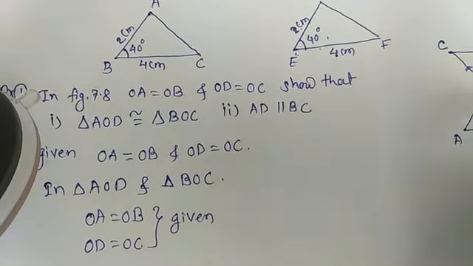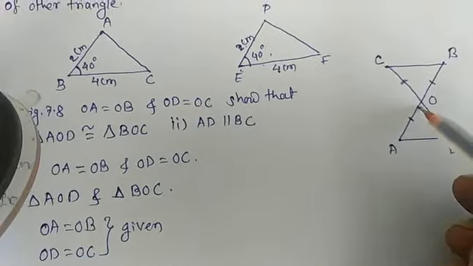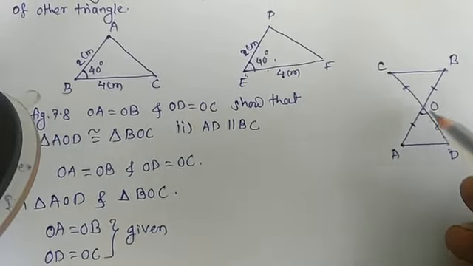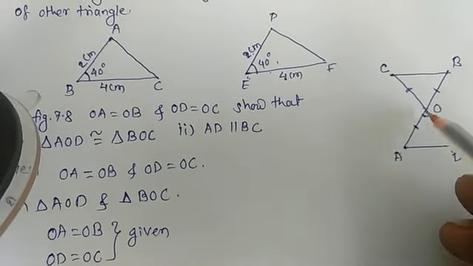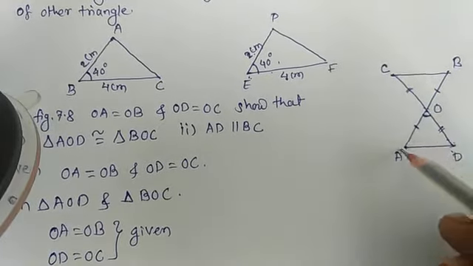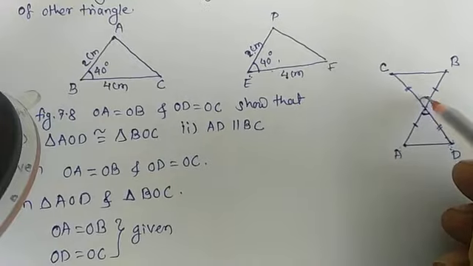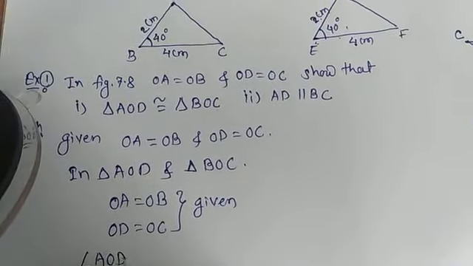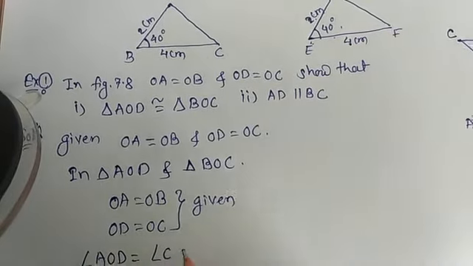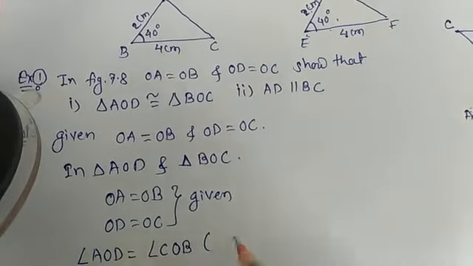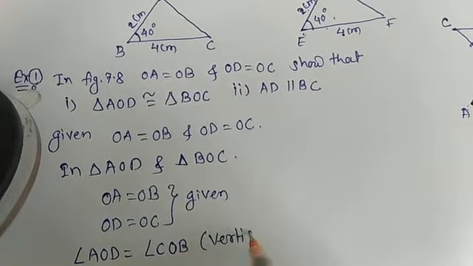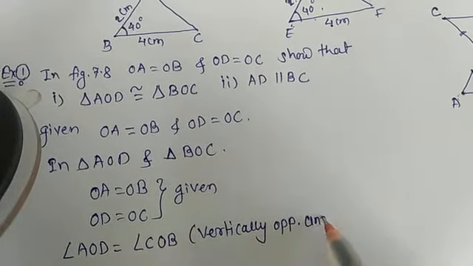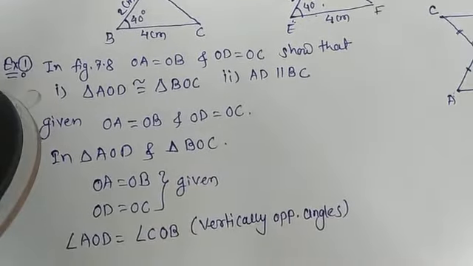The included angle will be angle O, because we are comparing the sides AO and OD, so the included angle AOD will be equal to angle COB. Angle AOD is equal to angle COB because they are vertically opposite angles of intersecting lines.